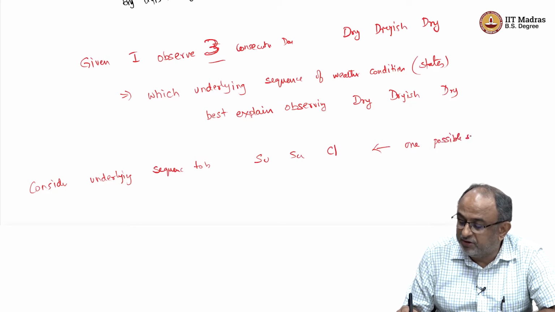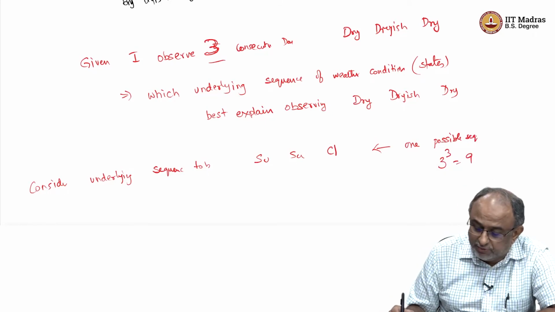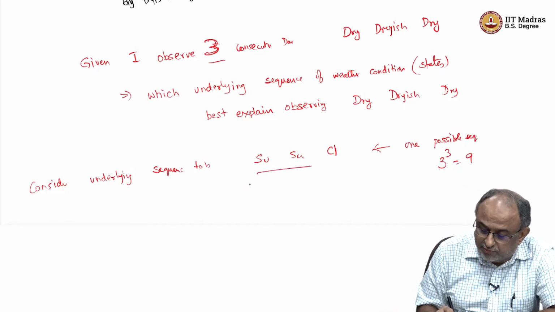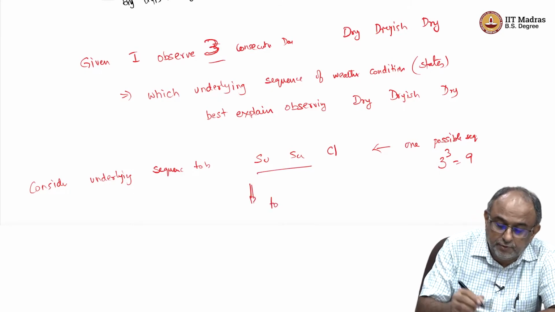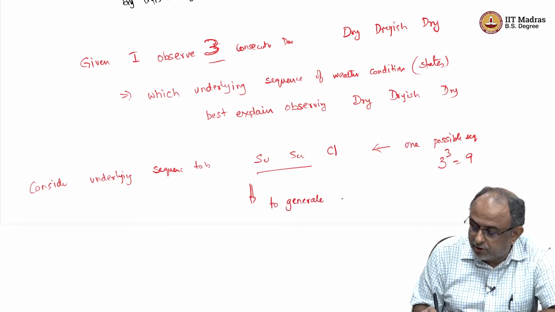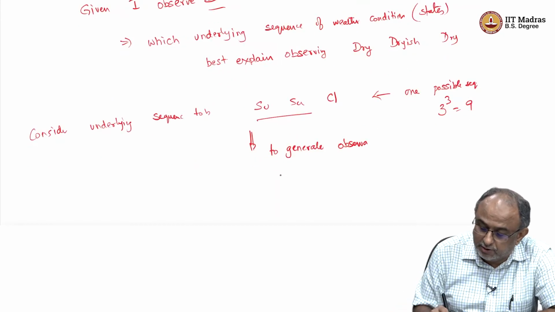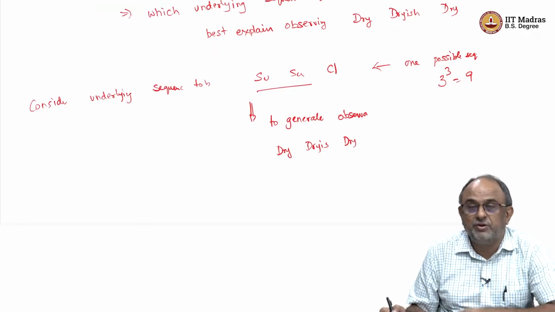How many weather sequences can be there? So, 3 raised to the power of 3, 27 possible weather sequences are there. This is one of them. So, for this sequence to generate the observations dry, dryish, dry, how, what did we say?